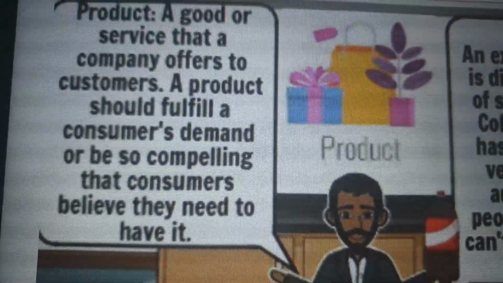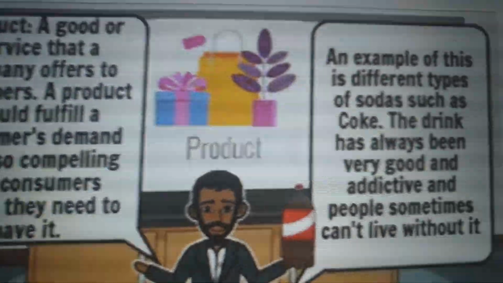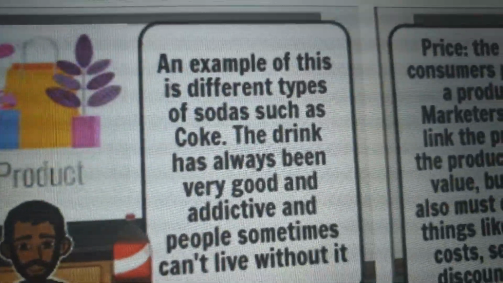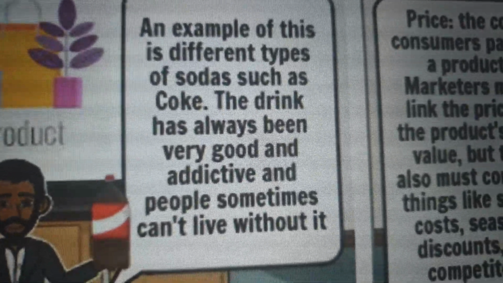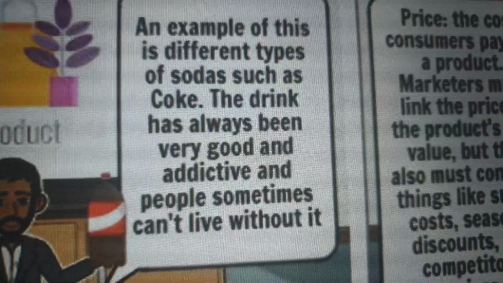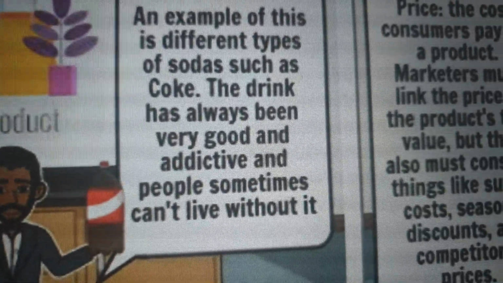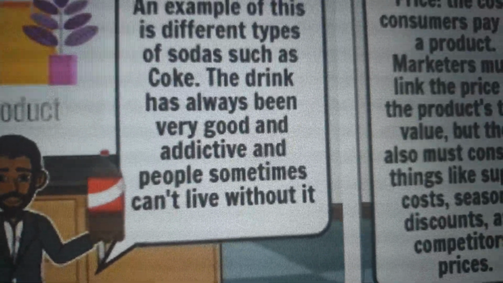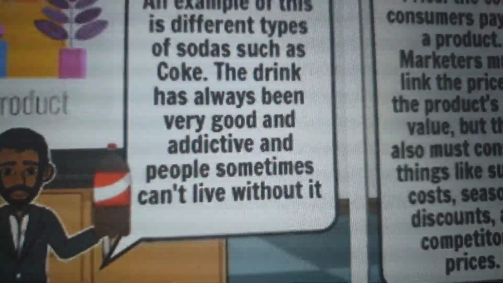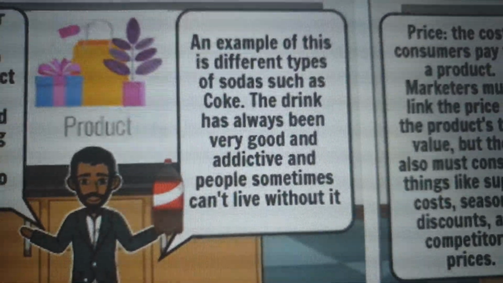This is telling us how we should design our product. An example of this is different types of sodas, such as Coke, Fanta, and so on. The drink Coke has always been very good and addictive, and people sometimes can't do without it. Ask yourselves how and why. How do you make the product addictive?